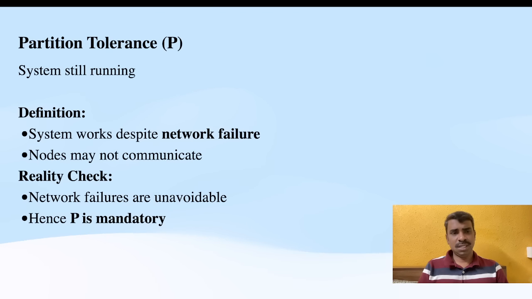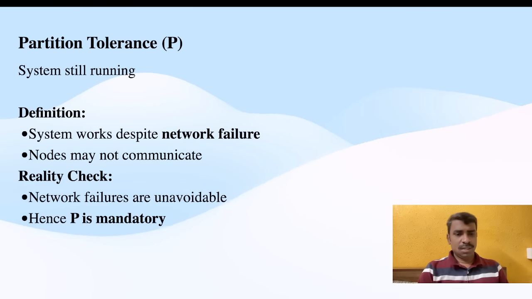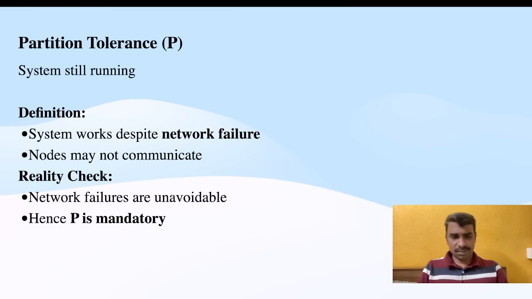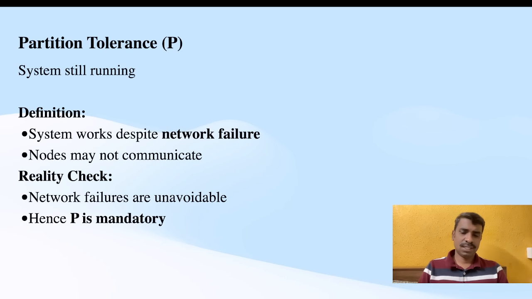Still the system will be running. So reality check: network failures are unavoidable, hence P is mandatory. P will happen, no one can avoid it. It happens because of many infra related issues, network issues, internet issues. So P is always mandatory, we cannot avoid it. That is partition tolerance.